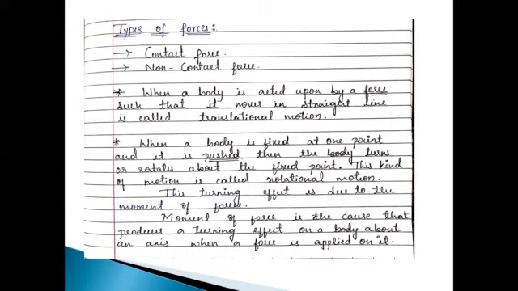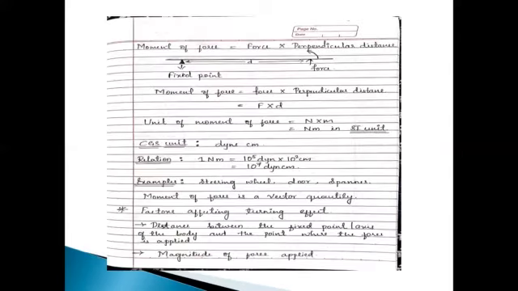So when force is applied on the handle of the door, the door rotates about the hinges, about the fixed axis, and this is caused by the moment of force.